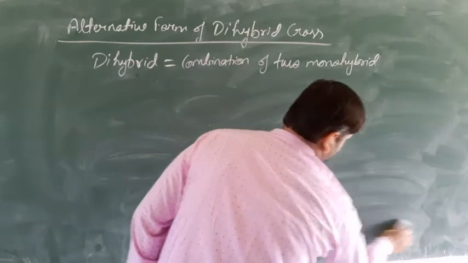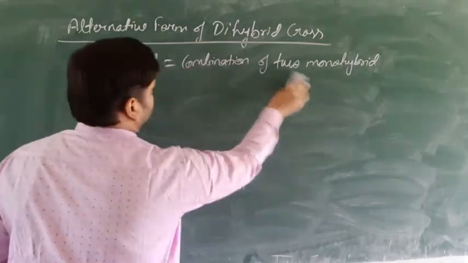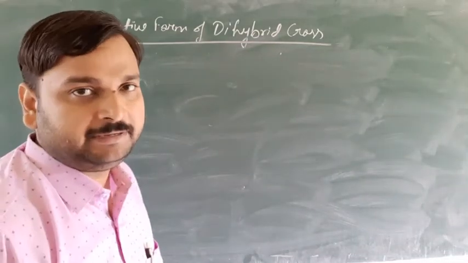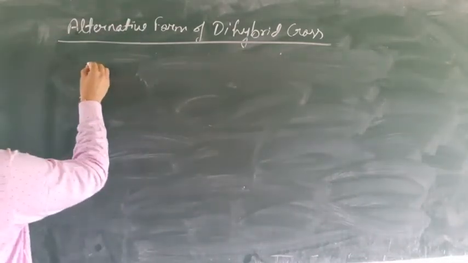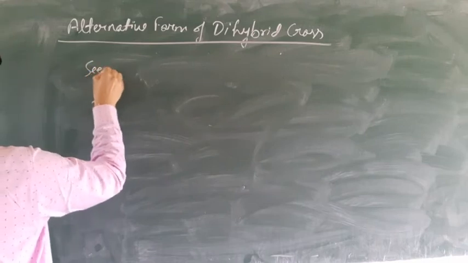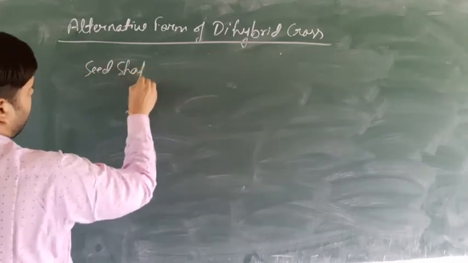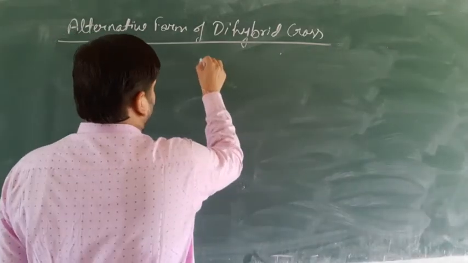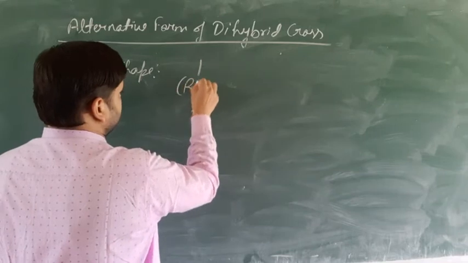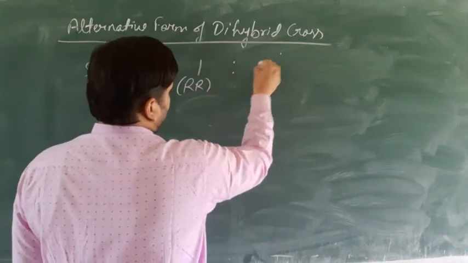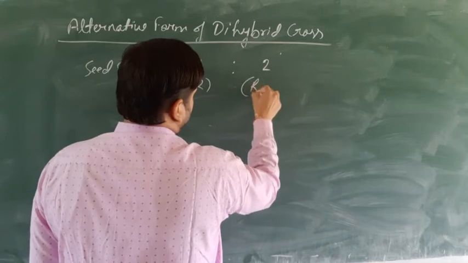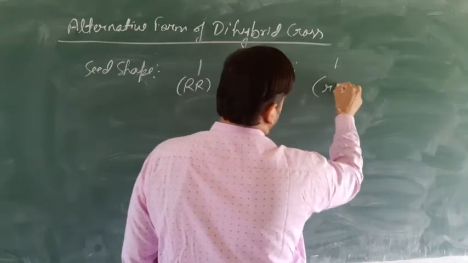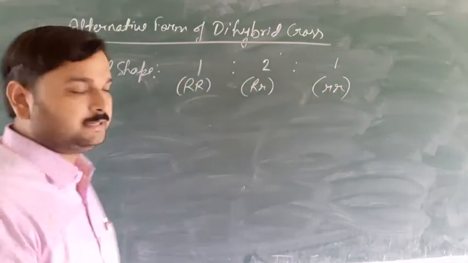And this will be very informative for you, because in this method you need not make any Punnett square. Suppose you take seed shape, what will be the genotypic ratio? 1 will be capital R capital R, 2 will be capital R small r, and 1 will be small r small r.